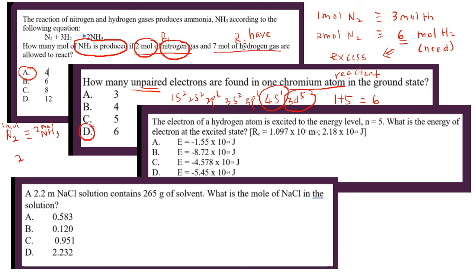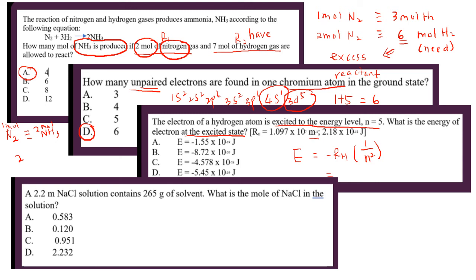Next question, the electron of a hydrogen atom is assigned to the energy level n equal to 5. What is the energy at the assigned state? In this case, we are going to use the formula E equal to negative R_H times 1 over n squared. We have 2 options for the Rydberg constant here. One is in per meter and the other is in joule.